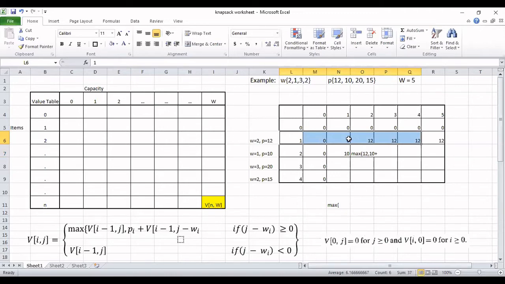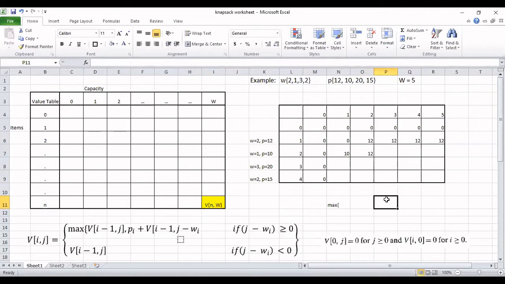That is this cell, whose value is 0. So we get 0. Now, what is the maximum of 12 comma 10? The maximum is 12. So it becomes 12.